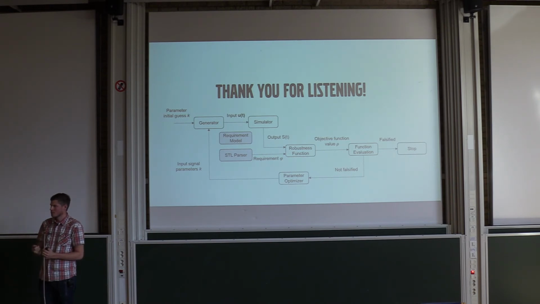The system takes a long time to simulate, and there might not even be a bug with respect to the given specification. So it might never terminate. So for each requirement that we falsify, we need to set some boundary on, for example, the time that we run it or the number of robustness function evaluations we have. For practical reasons.